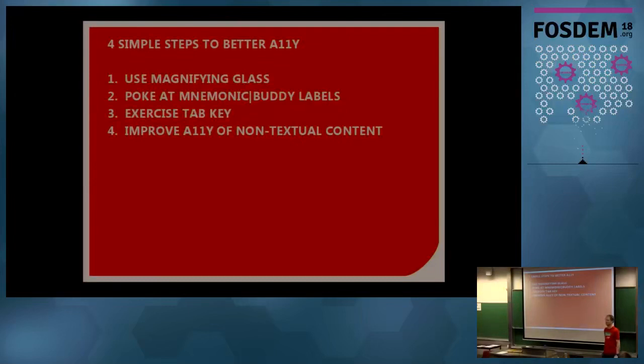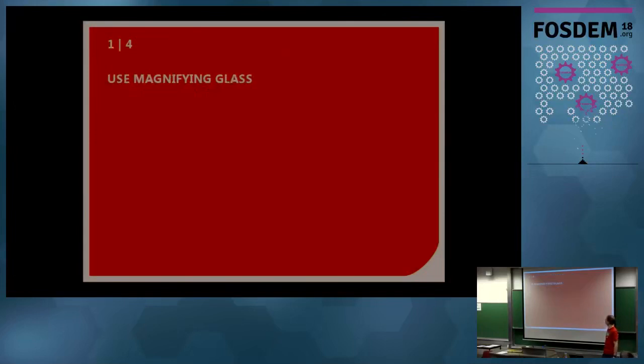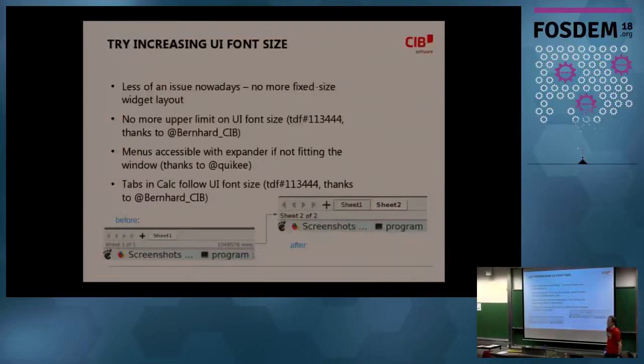Good, so that's the how-to, what to do. 4 simple steps to get quite a long way towards something that is usable for most people in need of accessible software. Magnifying glass. So you can, usually in your desktop environment on Linux or on Windows, increase the font size for the user interface.